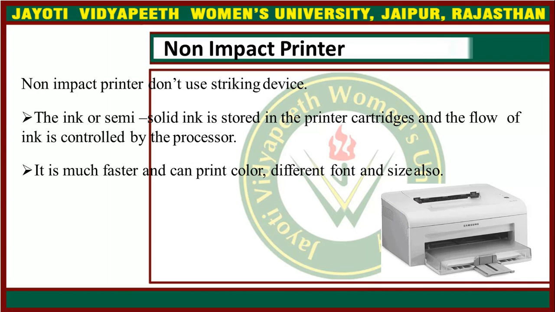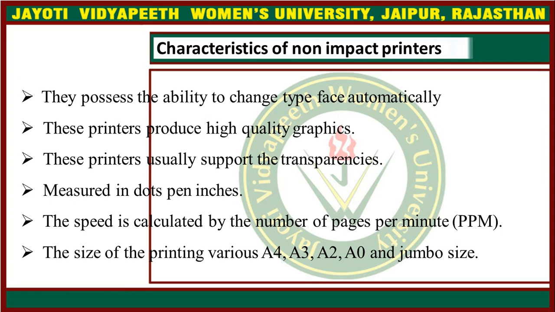Now come to the non-impact printers. These printers don't use striking devices. The ink or semi-solid ink is stored in the printer cartridge, and the flow of ink is controlled by the processor. So it is much faster and can print color, and different fonts and sizes also. The characteristics are that they possess the ability to change typeface automatically.